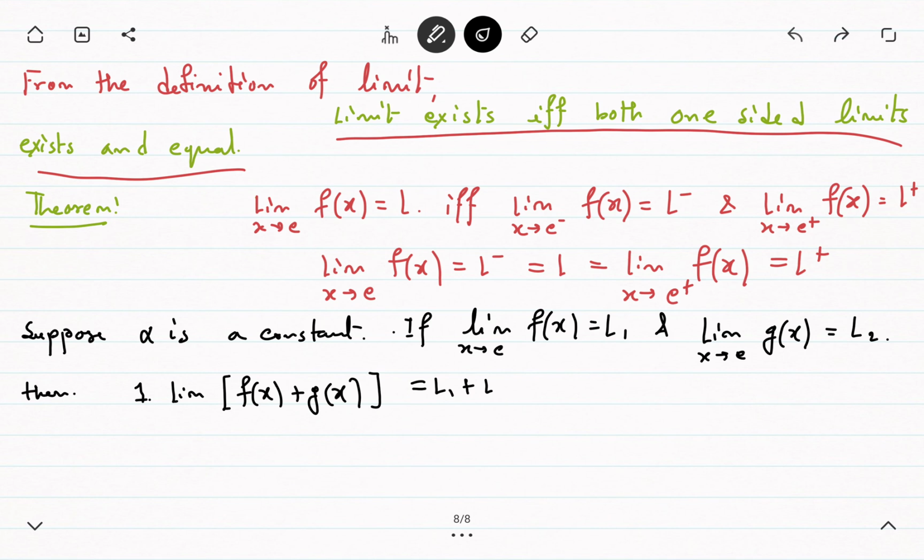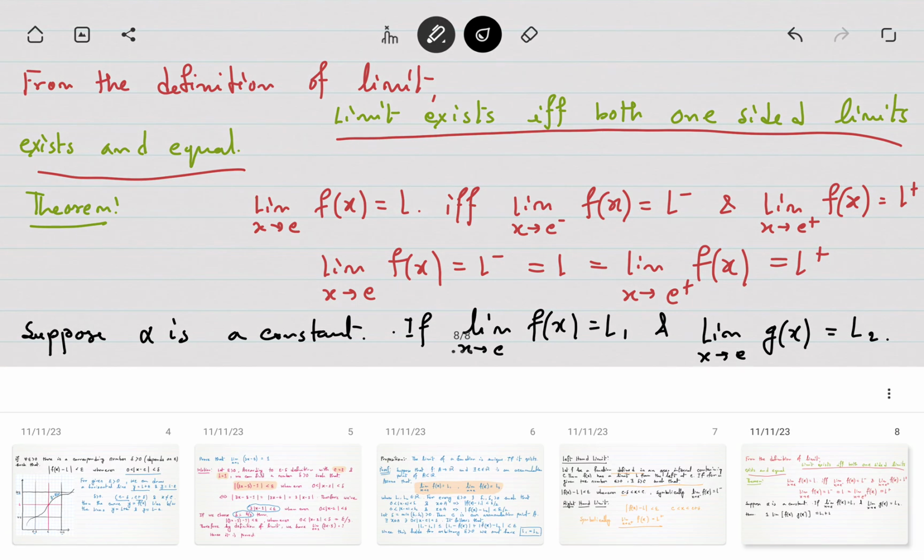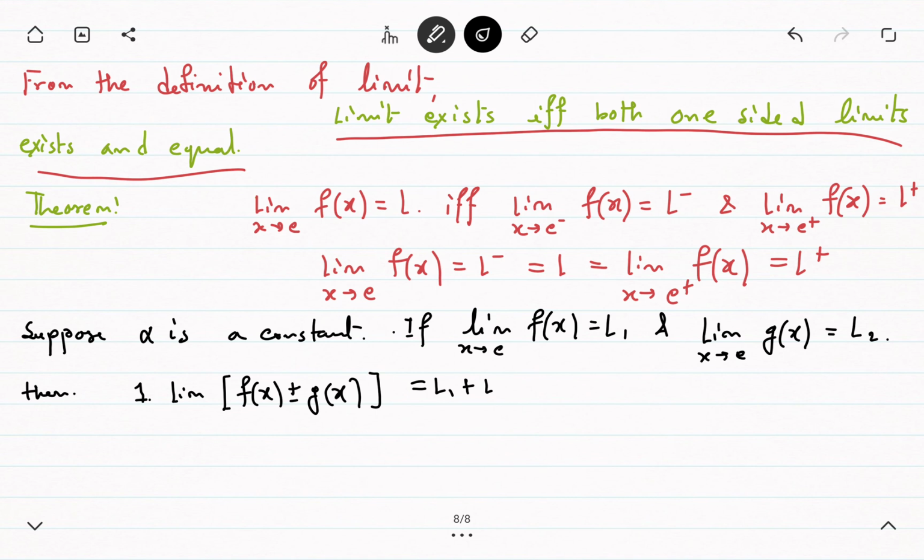Both can be possible, so I should write it in this manner.